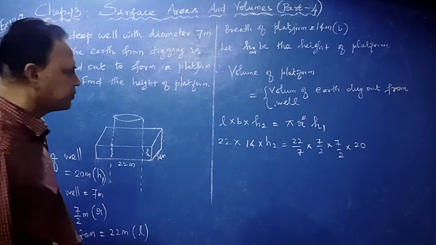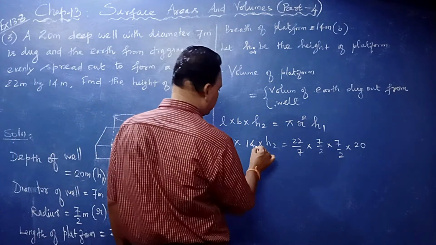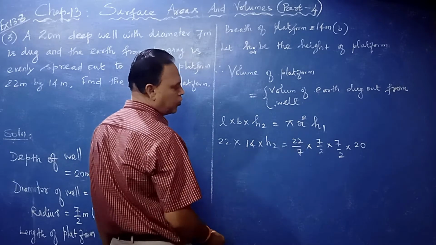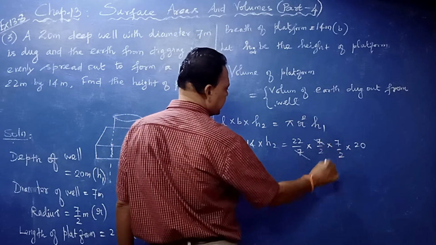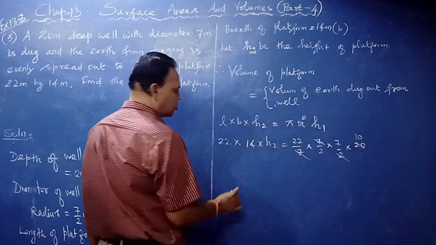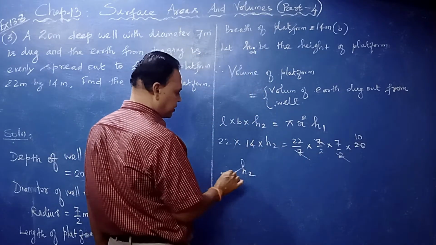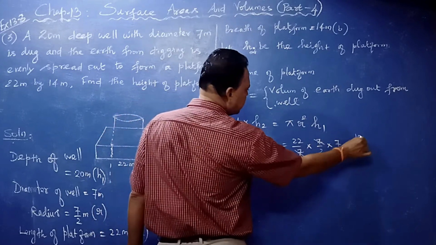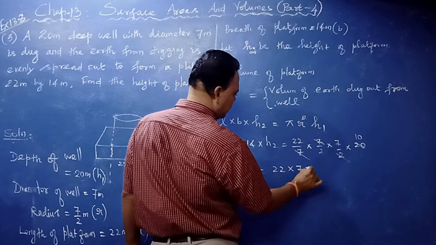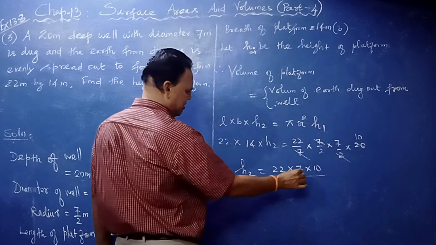Now this 22 into 14 you bring to that side, into the denominator. Here one 7 gets cancelled, here one 2 gets cancelled, that is 10. So H2 equals numerator 22 into 7 into 10.